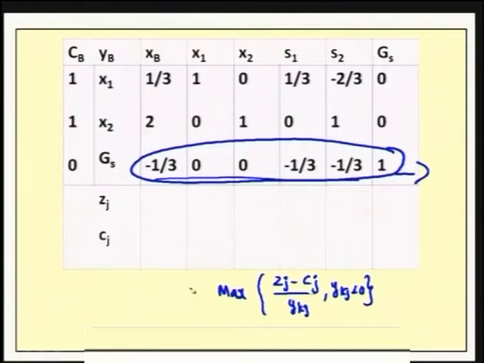Therefore, for S1, our Zj minus Cj value is 1 by 3, so 1 by 3 by minus 1 by 3. Next, Zj minus Cj for S2 is also 1 by 3 and the corresponding Ykj is minus 1 by 3.